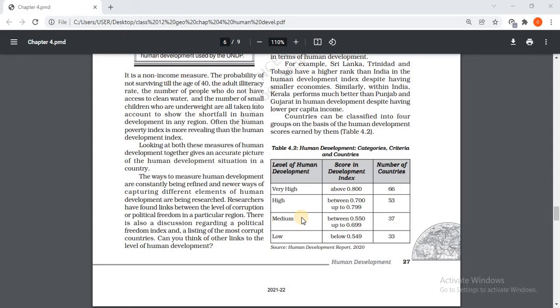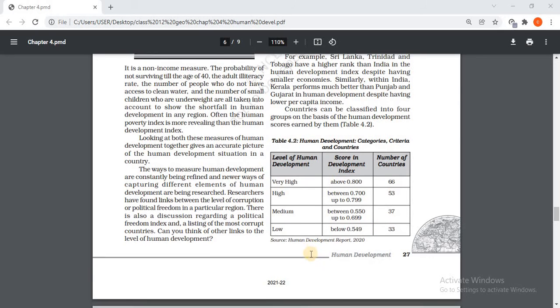Medium, between 0.550 up to 0.699, 37 countries. Low level of human development, below 0.549, 33 countries.